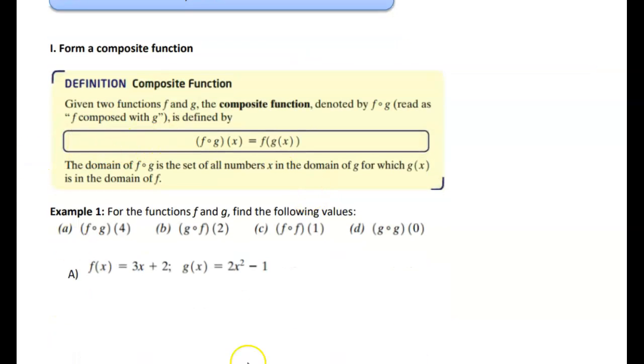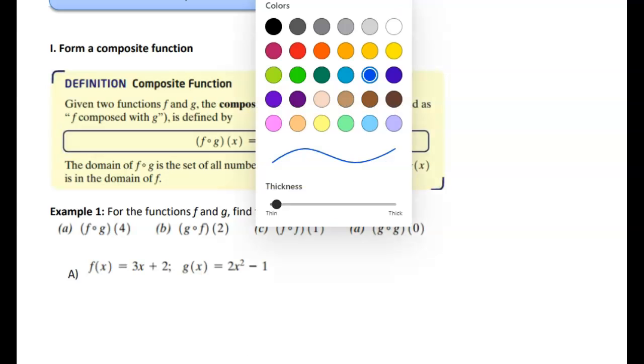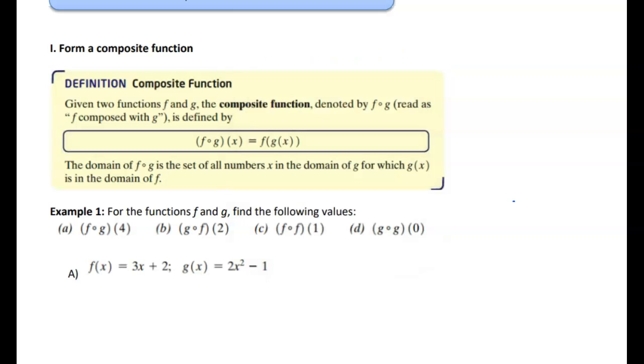So, a definition and notation. Given two functions f and g, the composite function is denoted by f, with this little o, and g, and it's read "f of g."